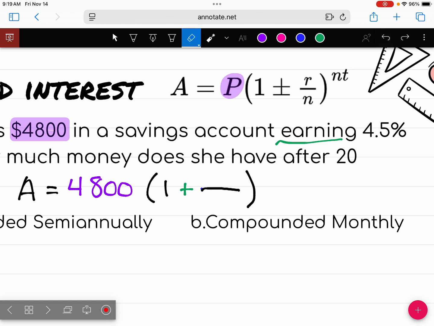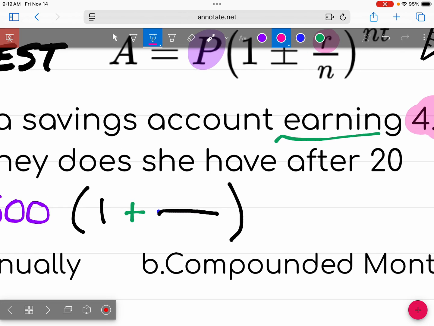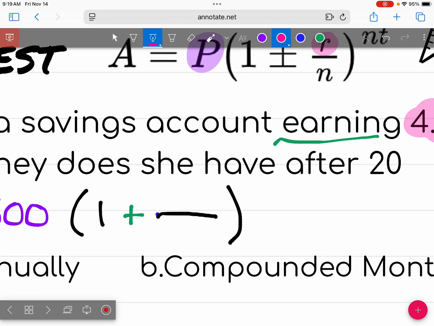What is our rate going to be? We need this as a decimal. So be really careful. It's not 0.45, it's 0.045. It moves two spots over.